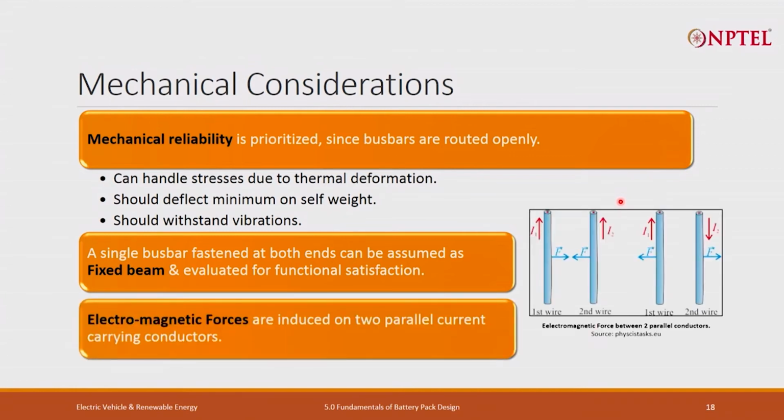When two conductors are in parallel or anti-parallel and DC current is running, which is generally the case in battery packs, there is an electromagnetic force acting upon them. You also have to worry about that, not too much, but still you have to worry.